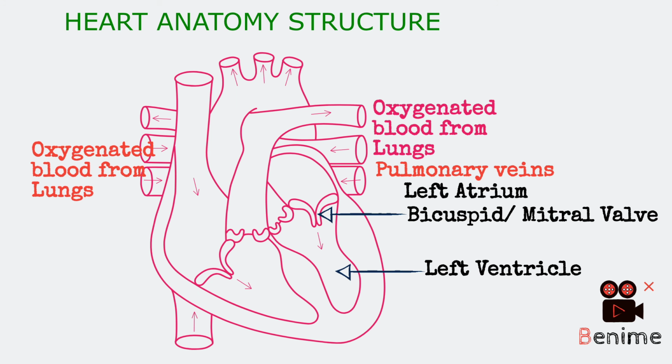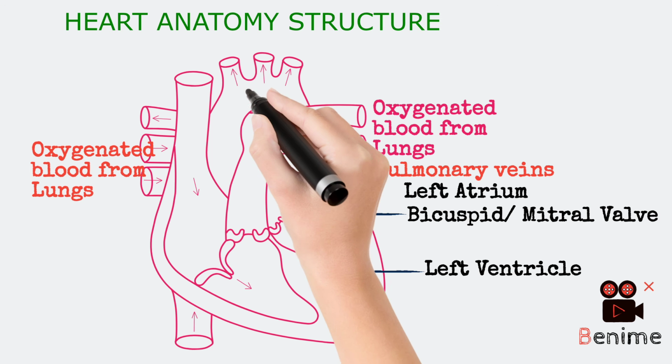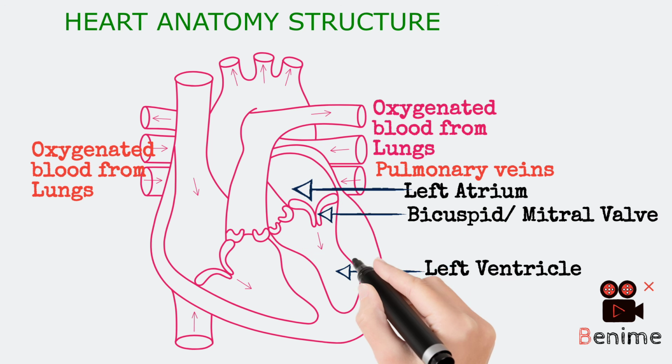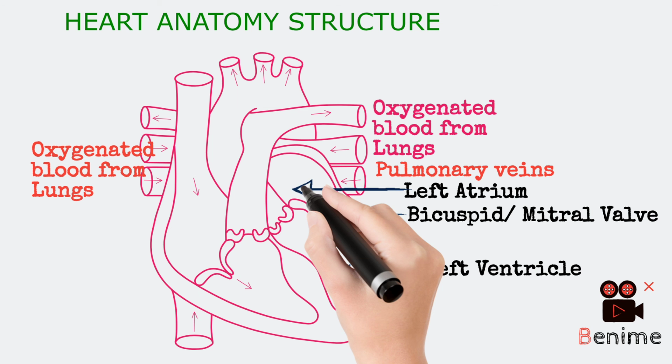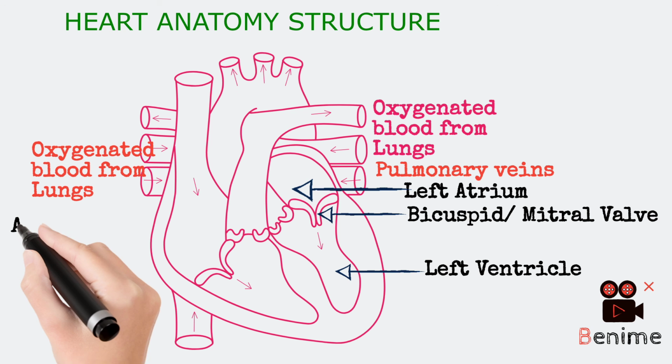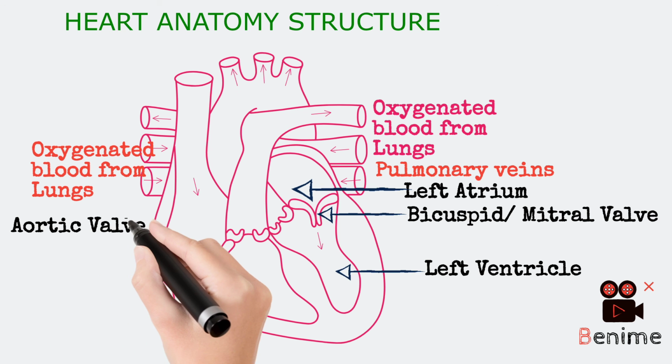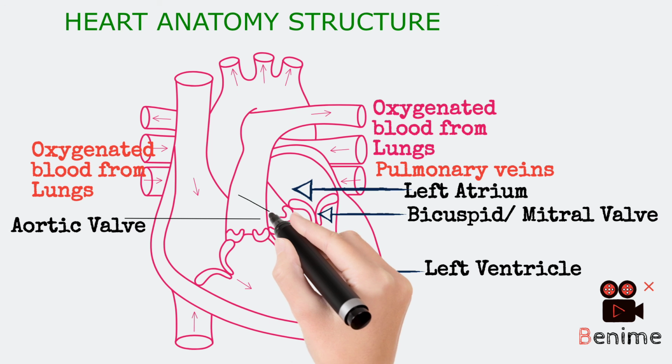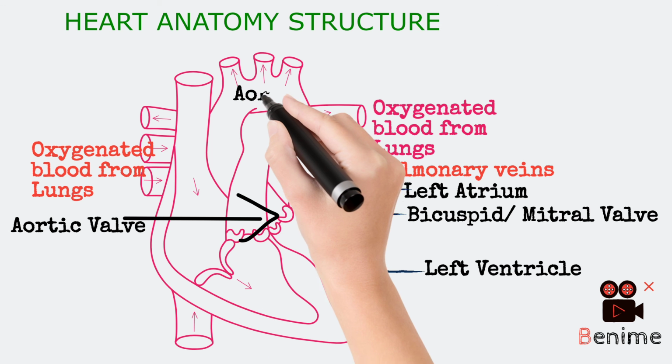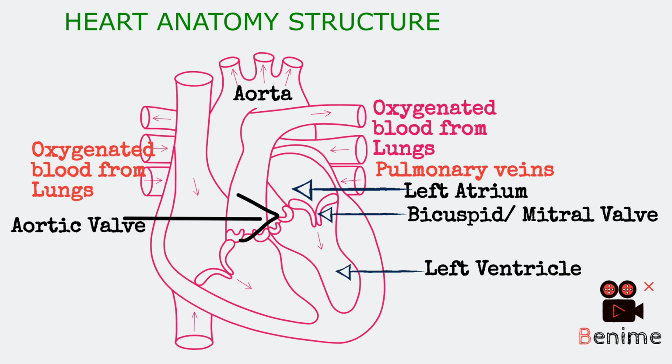So now the left ventricle, when it is fully filled up, it will contract and thus force the blood into the aorta. Aorta is a larger artery and between aorta and left ventricle there is a valve, and this valve is known as aortic valve, as you can see. And this valve is like a controller.